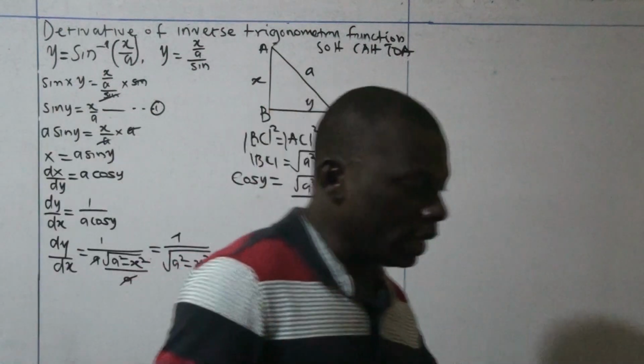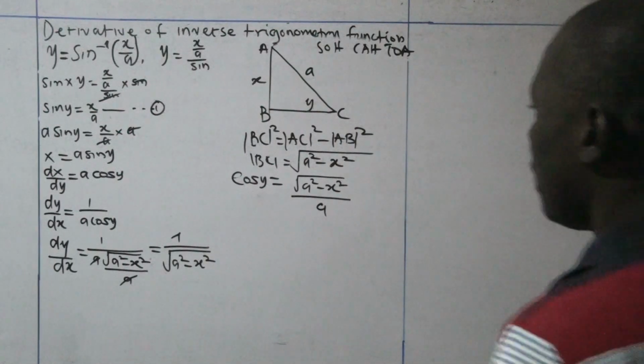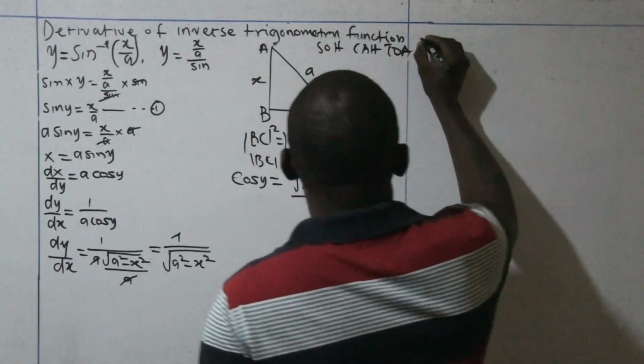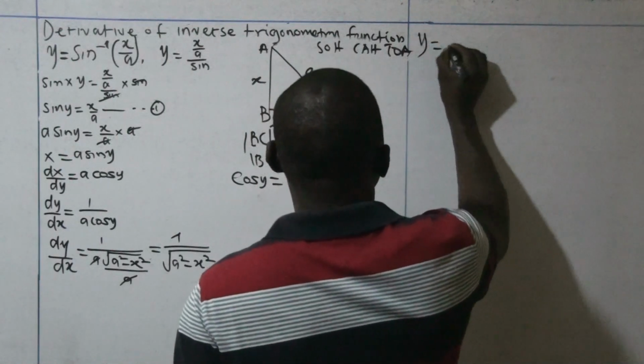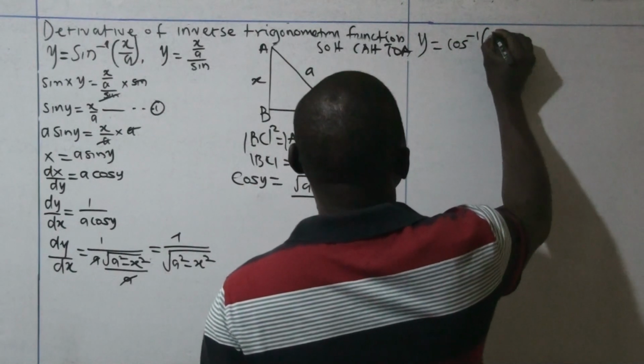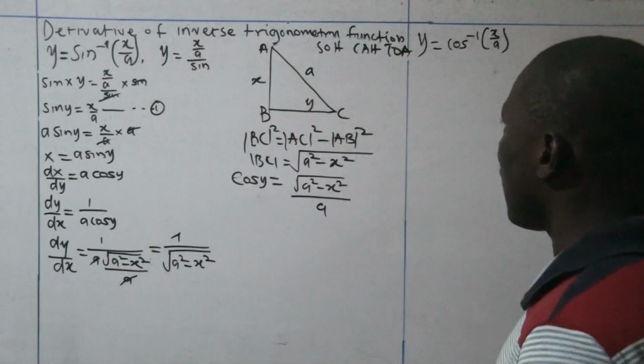Now, quickly, let's look at the one for y equals cos inverse of x over a. Let's establish these facts.